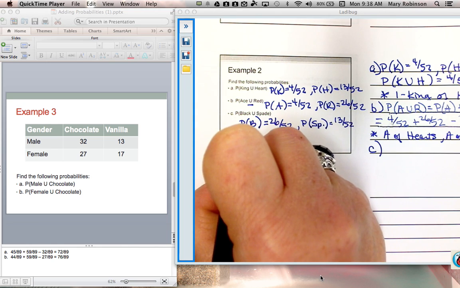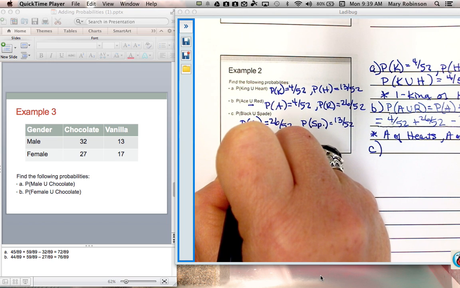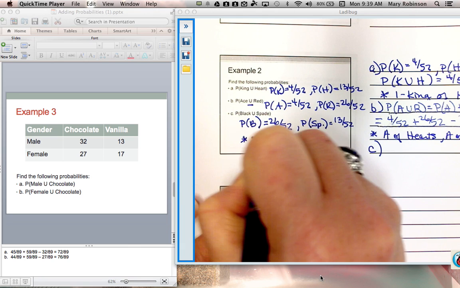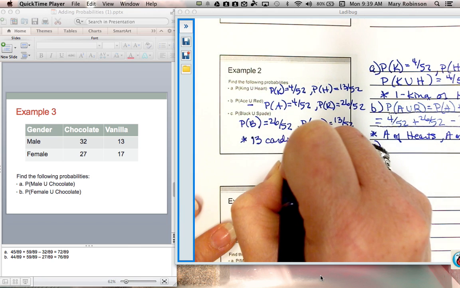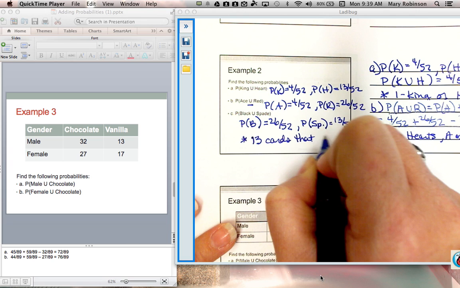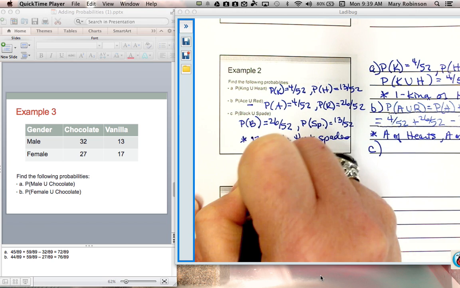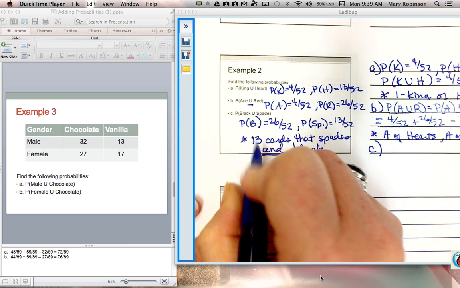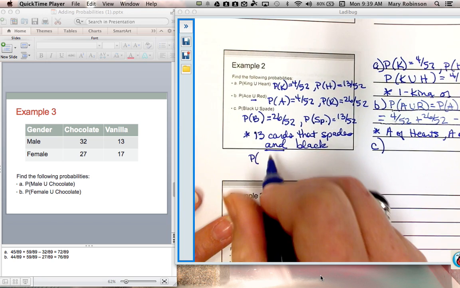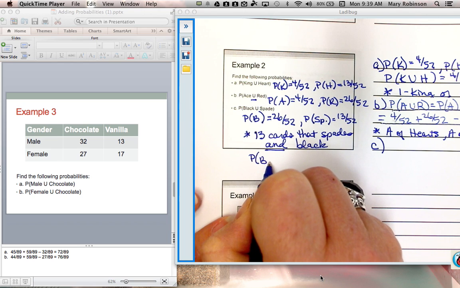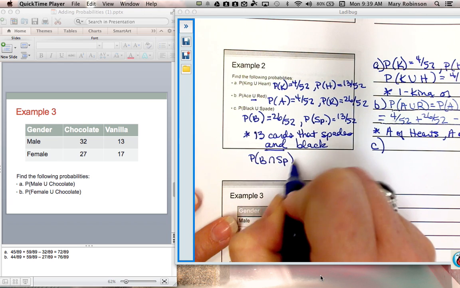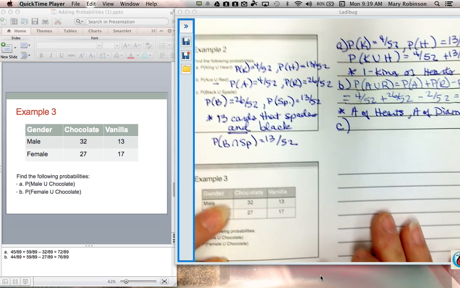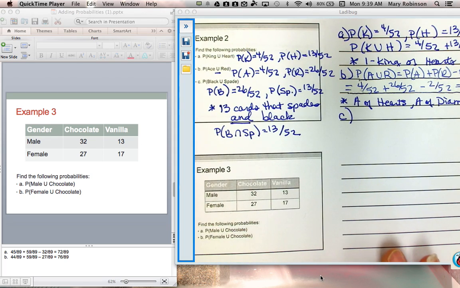But what we should note is there are 13 cards that are spades and black. So the probability of being black and spade is 13 out of 52. So you can pause it at this time and see if you can calculate this probability.